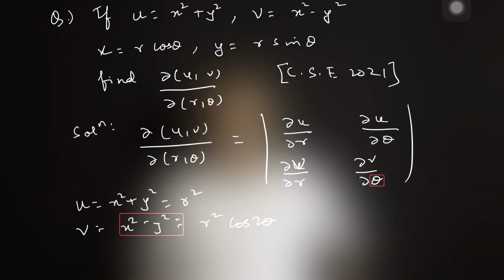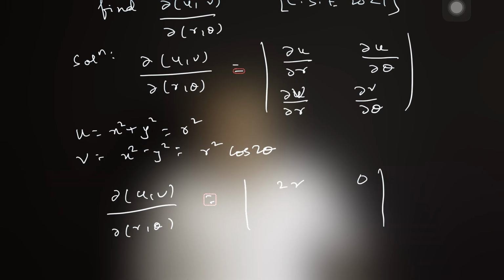Now, if I compute this, ∂u/∂r would be 2r, ∂u/∂theta would be 0. Now, ∂v/∂r would be 2r cos 2 theta, and ∂v/∂theta is equal to minus 2r square sin 2 theta.